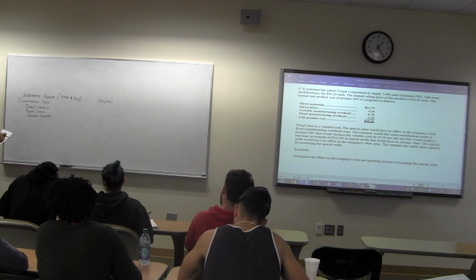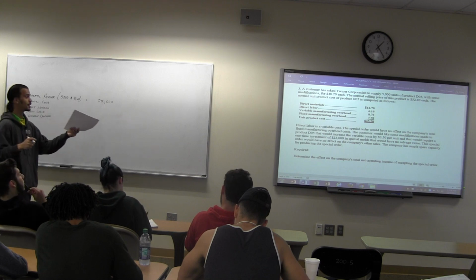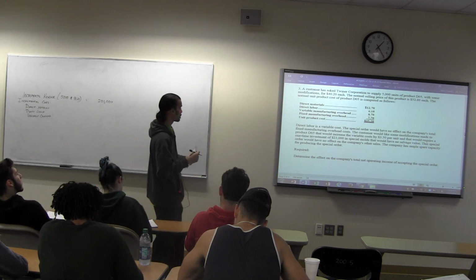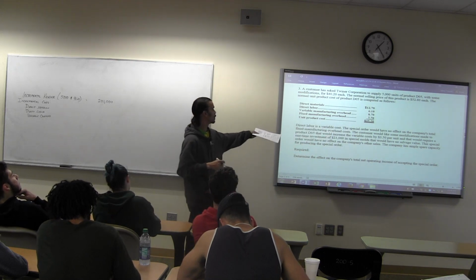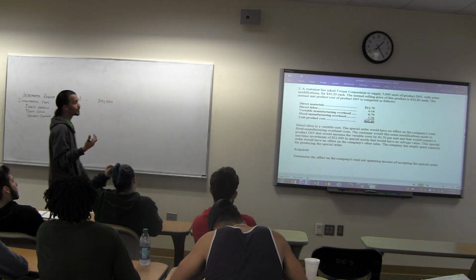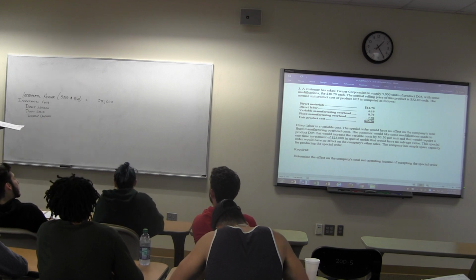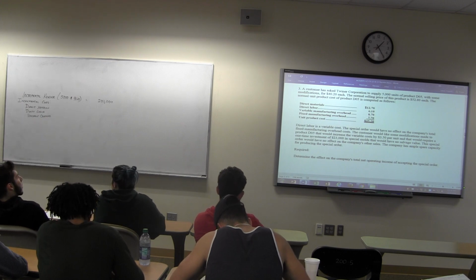And remember what it said? It said the special order would have no effect on the company's total fixed manufacturing overhead costs. That means you do not include the fixed manufacturing overhead, because the fixed manufacturing overhead is not going to go up for these additional units. Okay?